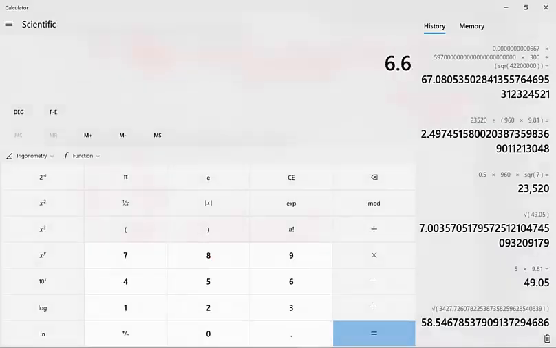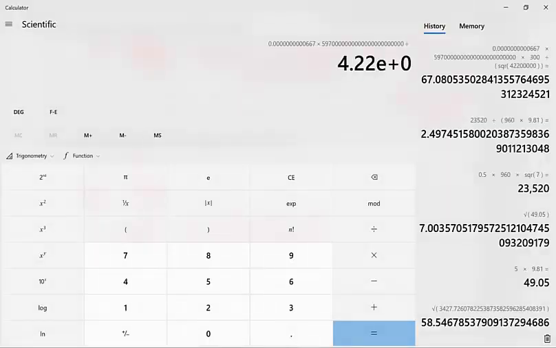So 6.67 times 10 to the negative 11 times 5.97 times 10 to the 24 divided by 4.22. It was 22, right? Yes.